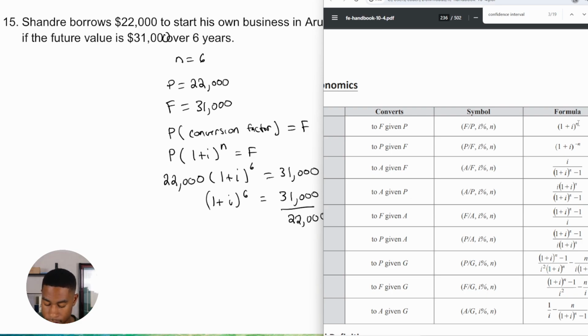Okay, so how do we get rid of this 6 power? Well, let's take an example. x squared is equal to, we'll say, 81. To get rid of the square, I take x equal to 81 to the 1 half, and that is the same thing as x equal to the square root of 81.